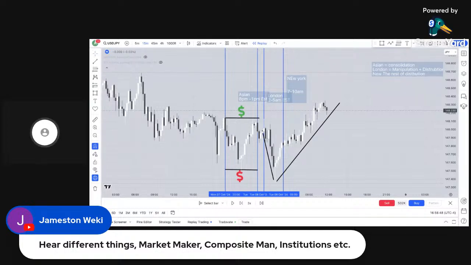So it sounds very conspiracy theory-ish, but my job for you guys in this mentorship is really to take that conspiracy stuff and that technical analysis and all that stuff and match it up to a point that it's a technical science, right? It's the same thing happening over and over and over again, so you guys can clearly see what's going on and how the market works.